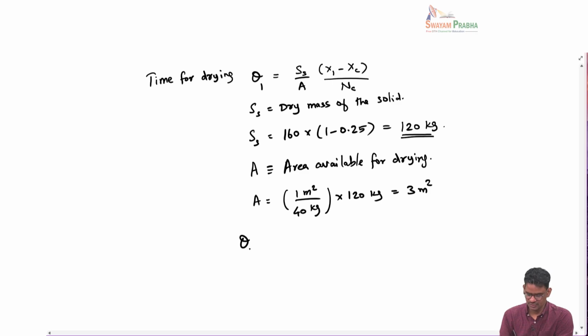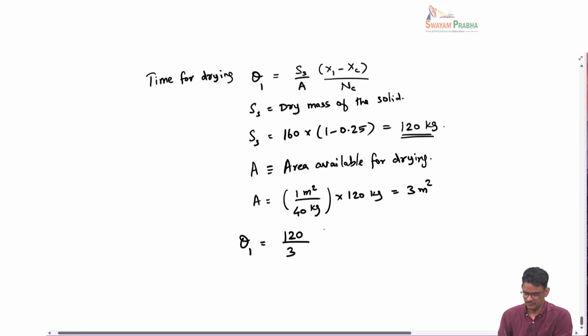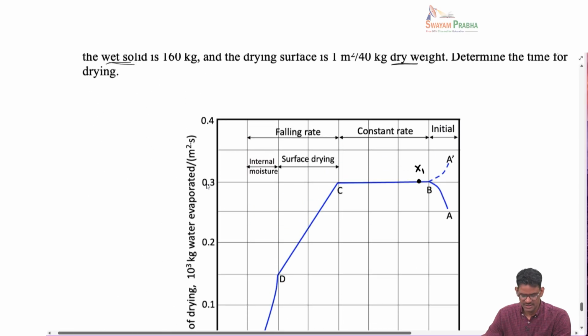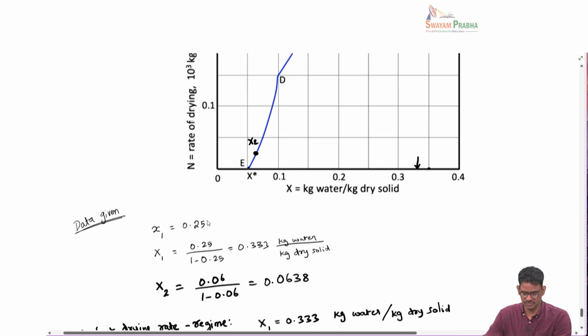Then we can substitute all the known quantities here. This is 120 kilogram, 3 meter square, x1 is 0.333, xc is 0.2. Now, we need NC, that is the constant drying rate, which we can obtain from the figure here. You can see this NC is 0.3 into 10 power minus 3 kilogram water evaporated per meter square per second.